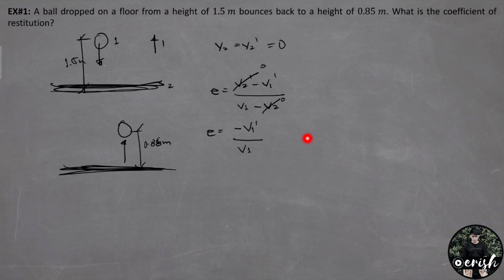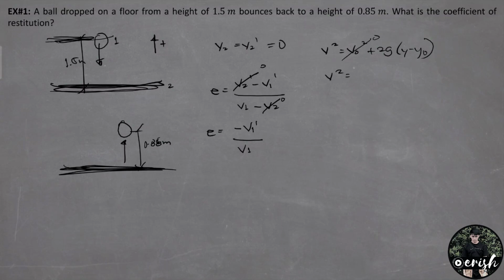Ito yung ating positive. From kinematics, meron tayong formula na V squared equals V sub o squared, o yung initial, plus 2g(y minus y sub o), or ito is i-consider na natin as the height na lang. So before the collision, ang initial velocity natin, since dinrop lang yung ball from rest, is 0.